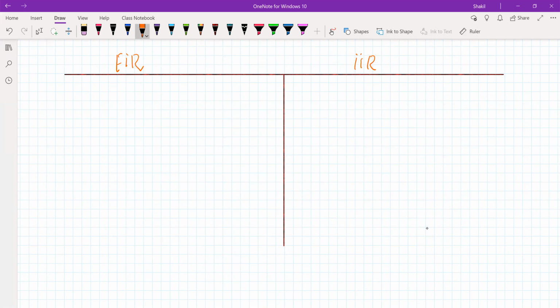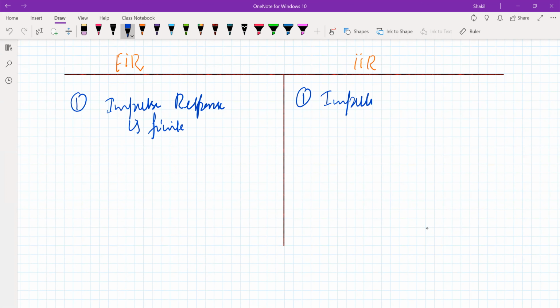Now, as the name suggests, here the impulse response is finite, and the duration of the impulse response is finite. Here, the duration of the impulse response is infinite, right? So examples for this.